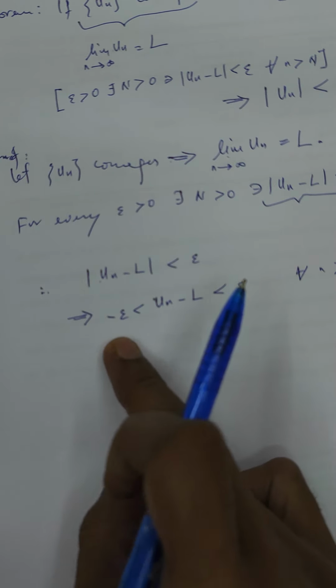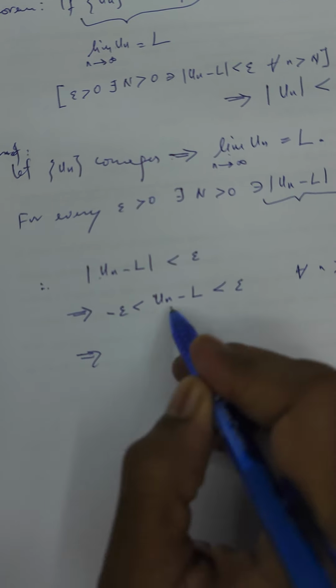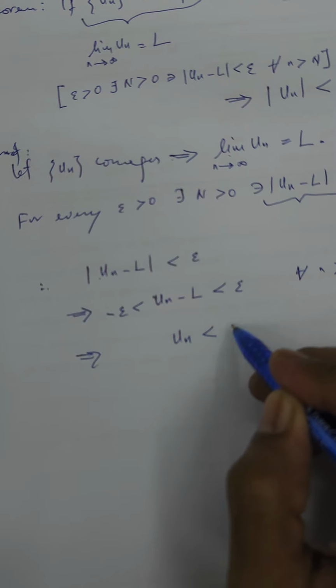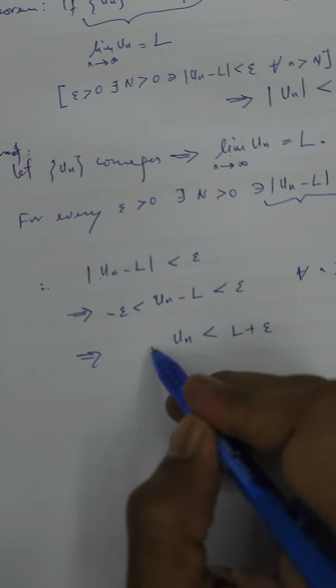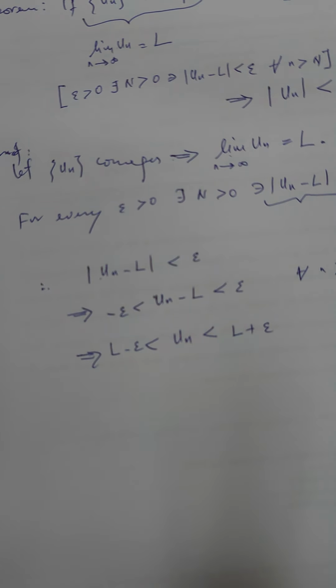So what we can have from there is that un is less than L plus epsilon and greater than L minus epsilon.